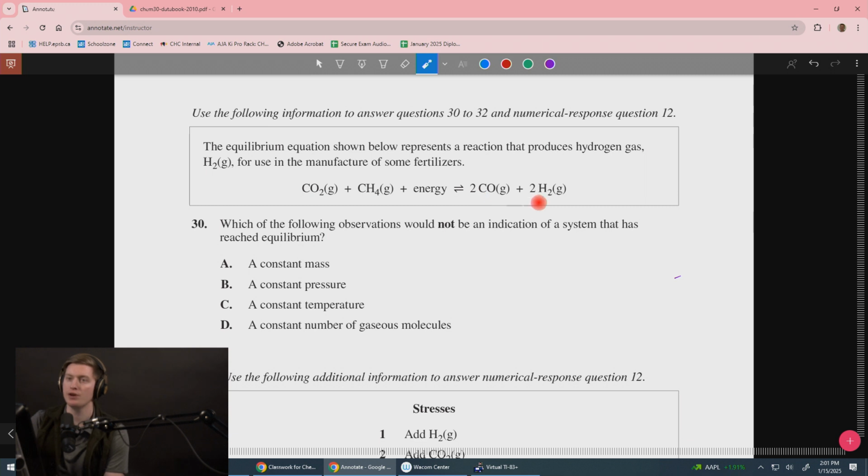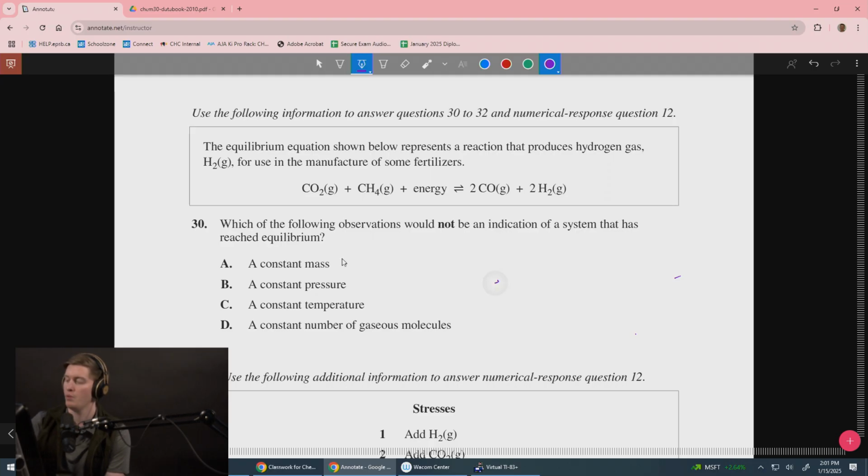And because the overall concentrations are not changing, there will be a constant mass, there will be a constant pressure. If we changed the temperature, we would change the equilibrium, and there will be a constant number of gas molecules because the concentrations remain even. So all of these at first glance seem like they would be an indication of a system that reached equilibrium.